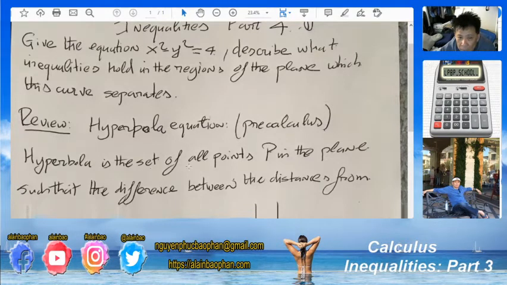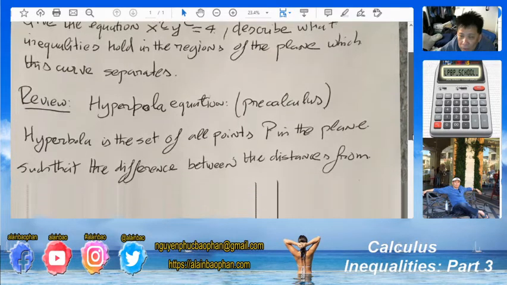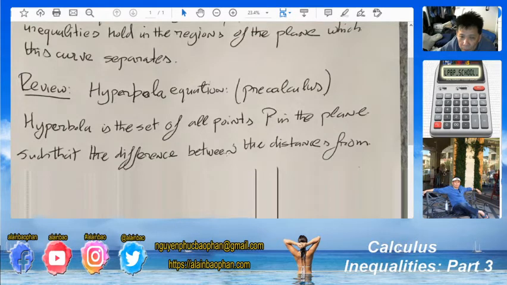A hyperbola is the set of all points P in the plane such that the difference between the distances from that point P to two fixed points is a given constant. That means if you take any point on the graph and subtract the two distances, it always equals a constant number.